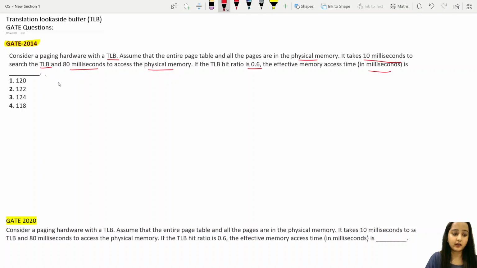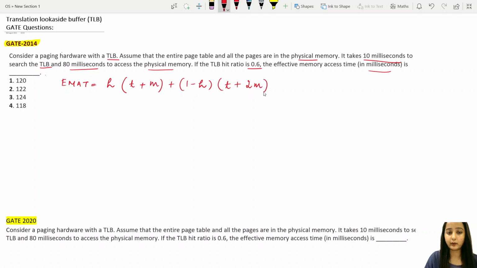So let us write the formula for effective memory access time. What is it? Hit ratio times: I have to access the TLB plus I have to access the memory. If a miss occurs, then I have to access the TLB first to find the page, and if it is not found in the TLB, then I have to access the memory twice.